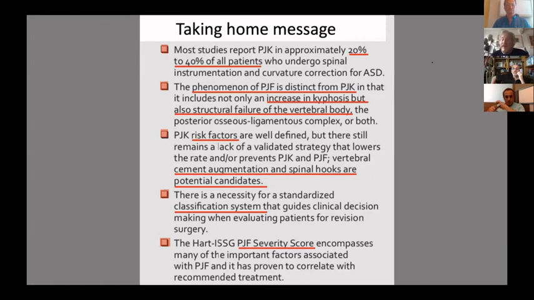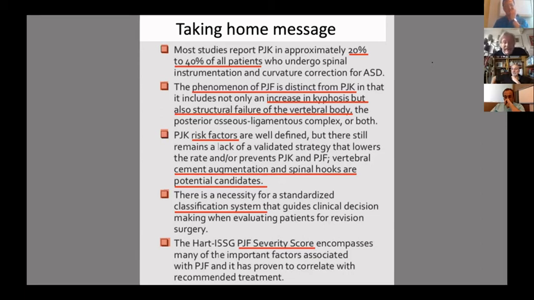So not every kyphosis is a failure or has to be treated, but if it is a failure, then of course this is mostly an indication for treatment, and this is an indication that there is a relevant structural damage in the posterior ligament complex and or in the vertebral body.